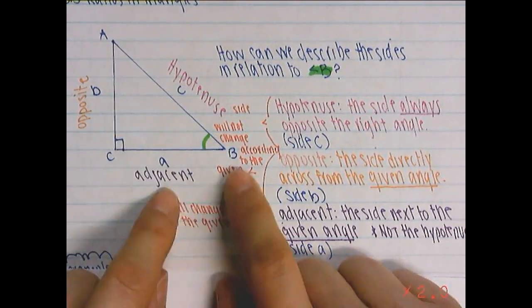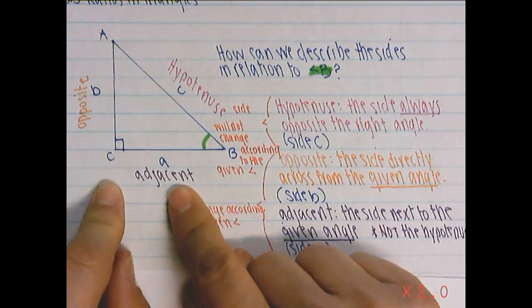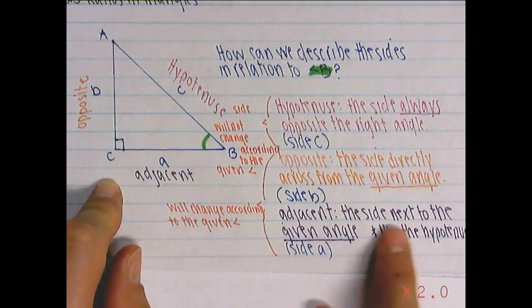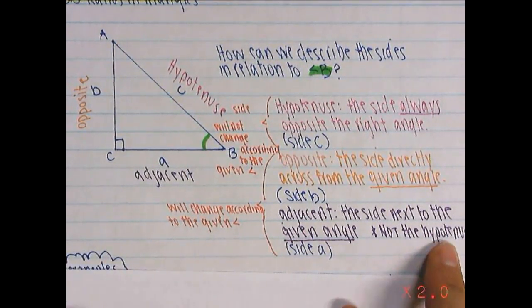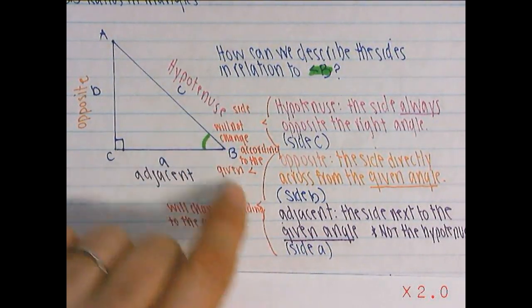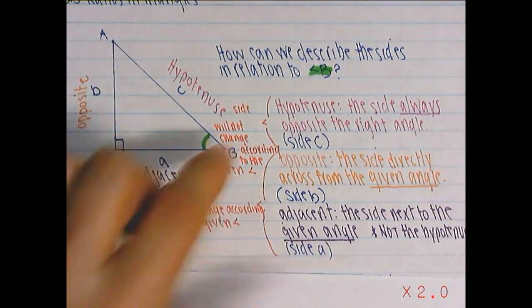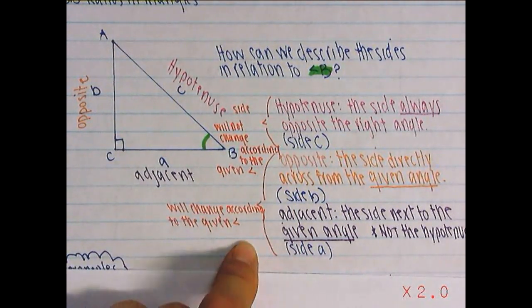So we look at angle B, and right next to it is the adjacent side: the side next to the given angle, not the hypotenuse. The hypotenuse will not change according to the given angle. That's important to know. But the adjacent side will change according to the given angle.